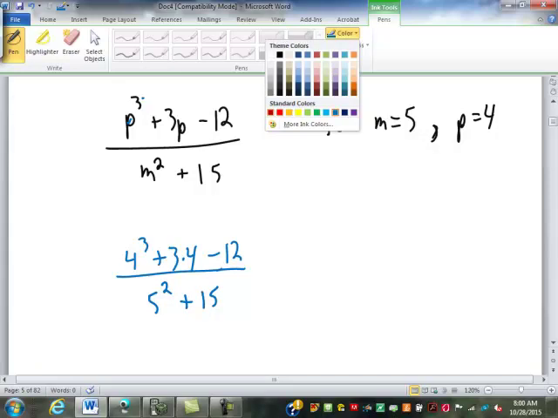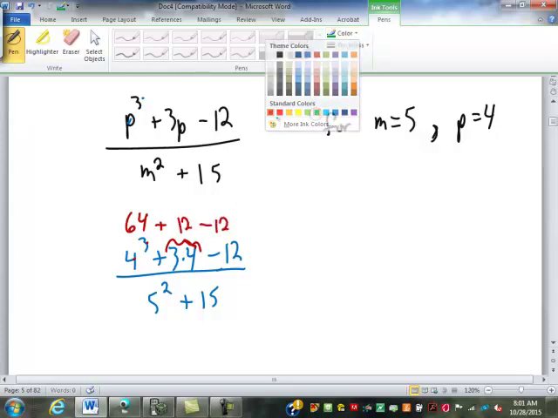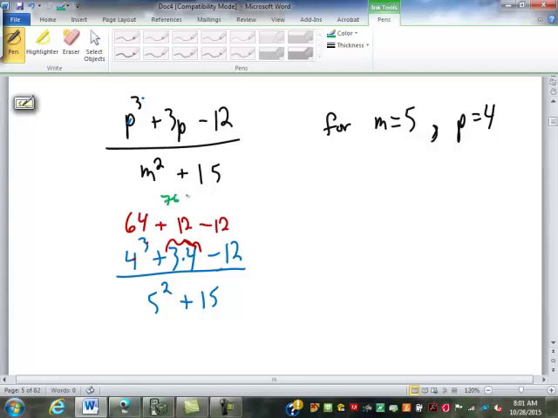Now we do everything on top first. What are we going to do first up there? 4 to the third power, which is 64. Then what? 3 times 4 is 12. So then 64 plus 12 is 76.